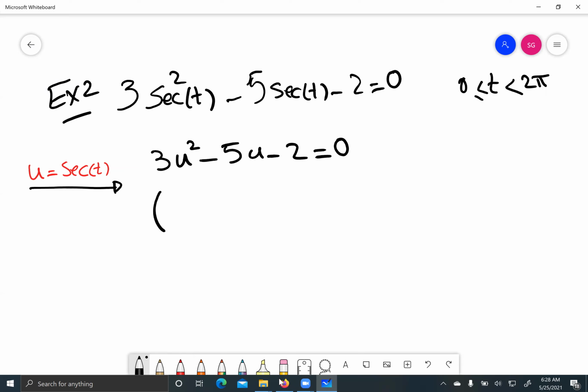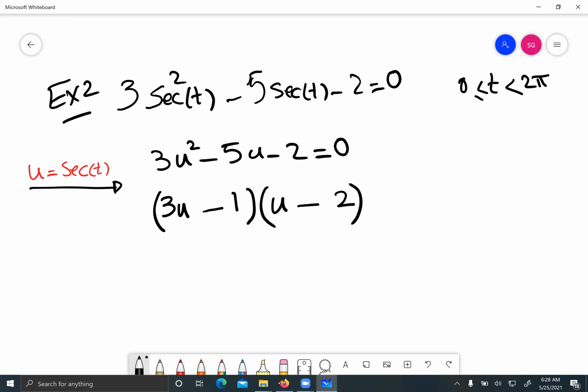So this is going to be 3u times u, so this times this gives me 3u squared. Here I should have 1 and 2. Because this is going to give me 3u, this is going to give me 2u, and if they are negative, negative 5u, let me see.